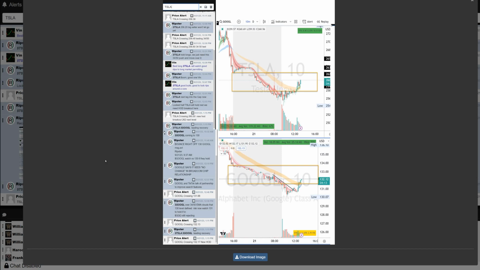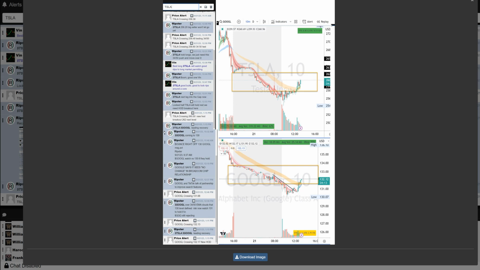So I started a small size long on Tesla based upon that, and we held it. So Tesla hold longs, we just need this 3450 push. The winner was on Tesla, and from that 256 entry we got a right move into 260, 262. Took half off Tesla, will hold the rest.